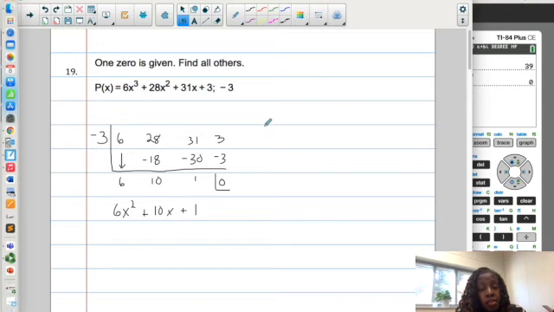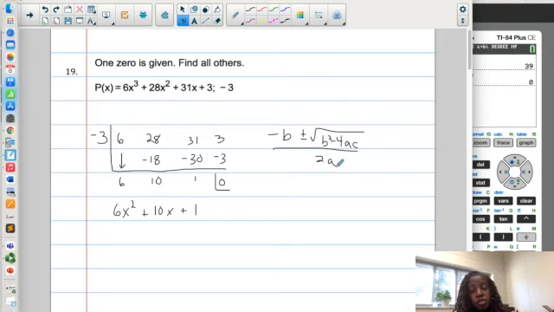So our quadratic formula is the opposite of b, plus or minus the square root of b squared minus 4ac. Ooh, forgive my handwriting, it's getting worse and worse. I should have typed this already. Divided by 2a. Now let's start plugging in.